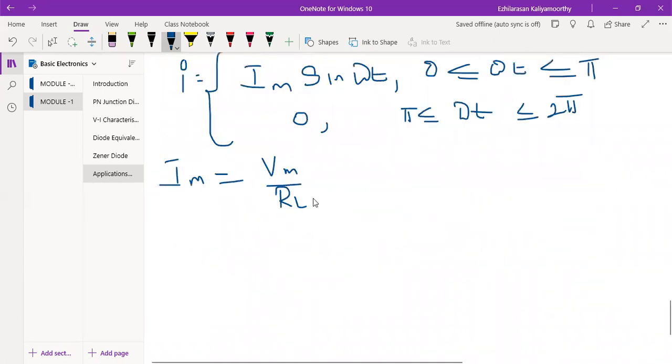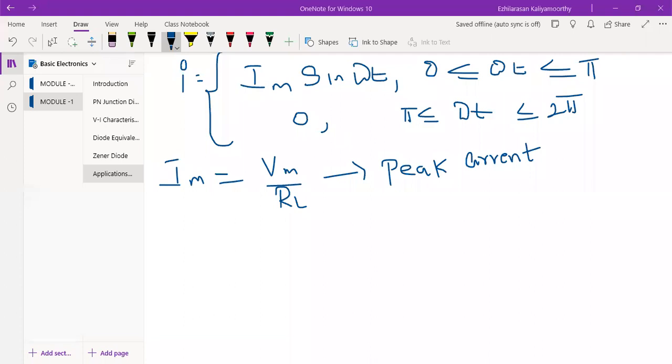So Im is equal to Vm by RL. This is nothing but your peak current. So you may think, you have to calculate the Vm. How will you calculate Vm? It's very simple, you can calculate Vm in the simplest way.